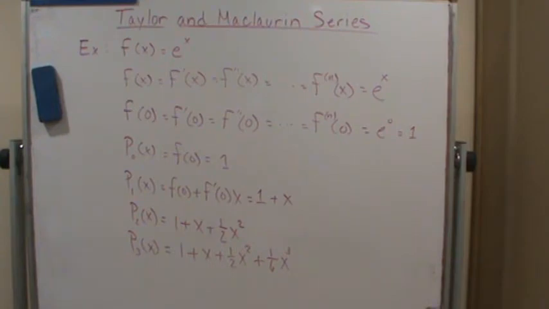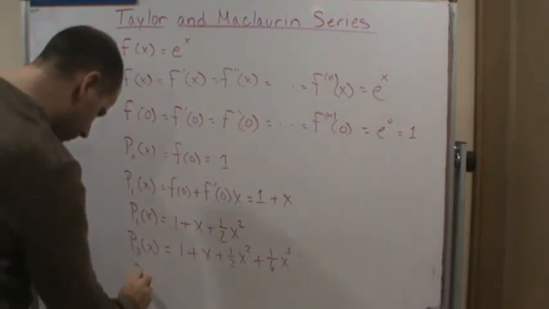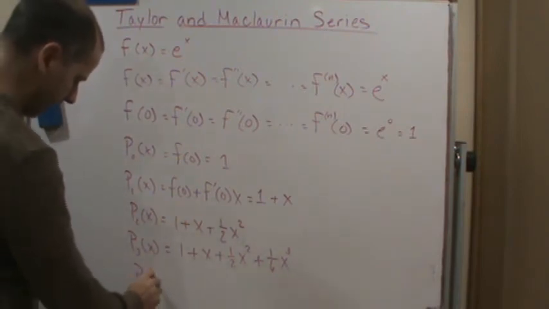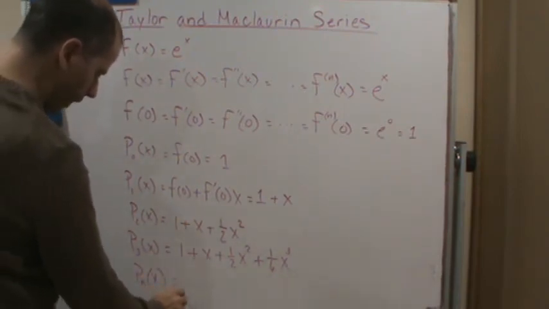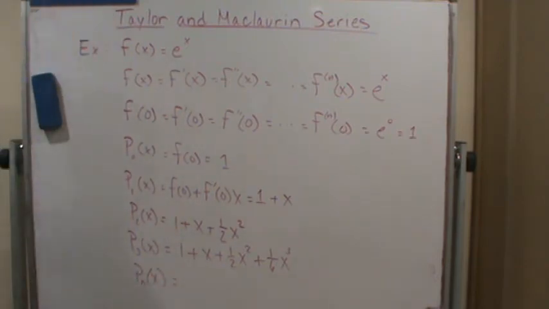Okay, now the next thing we want to do is find a formula for the nth Maclaurin polynomial, and we want to write it in sigma notation. So what's going to happen with p sub n of x? Well, it's going to have the same sort of pattern here.